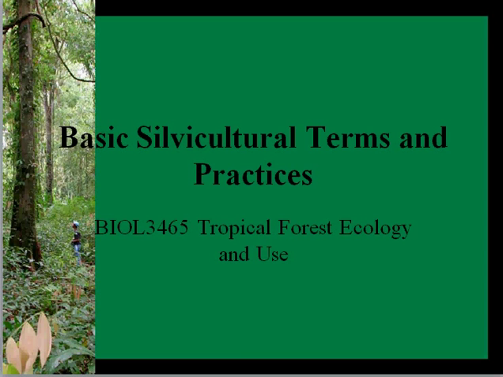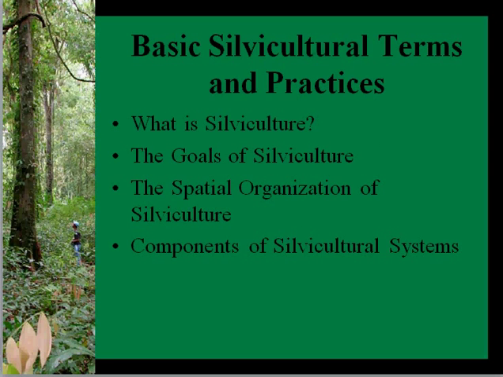So we're going to take a look at, first of all, what is silviculture. For those of you who don't know what silviculture is, we'll go into the definitions of silviculture and so on. We'll talk about the goals and objectives of silviculture, what foresters try to do when they use silvicultural techniques to manipulate a forest.